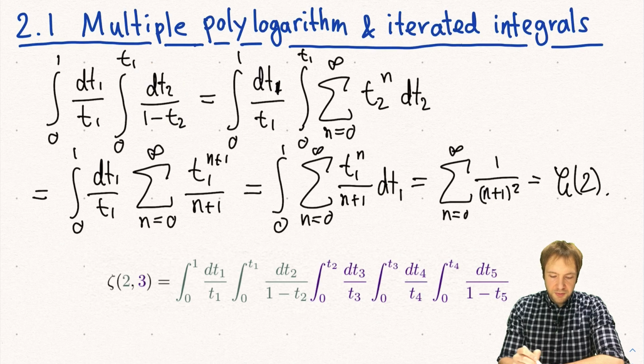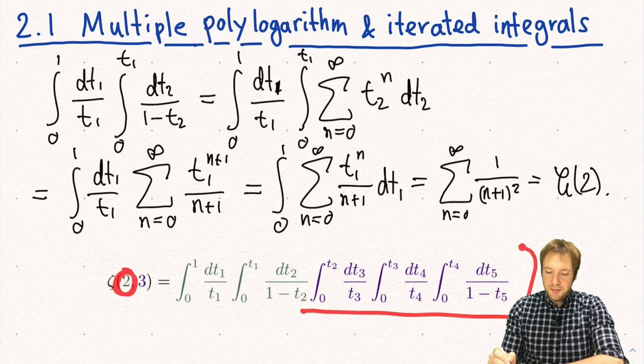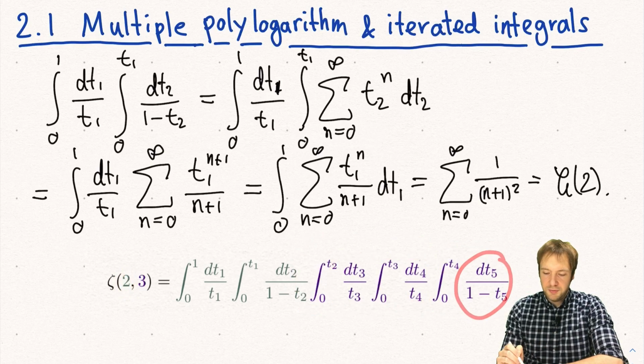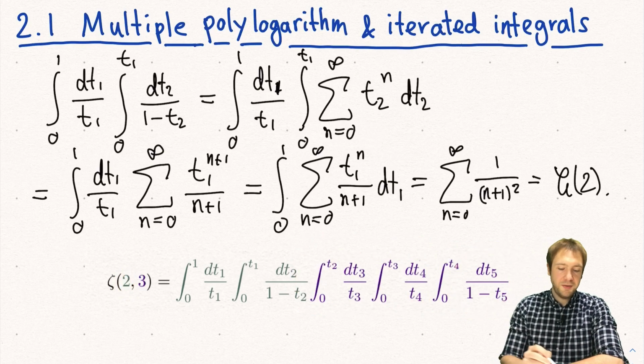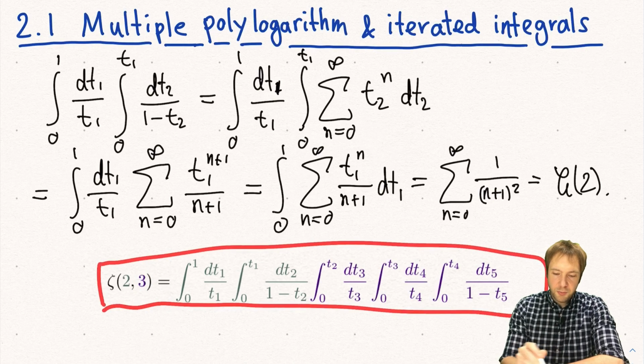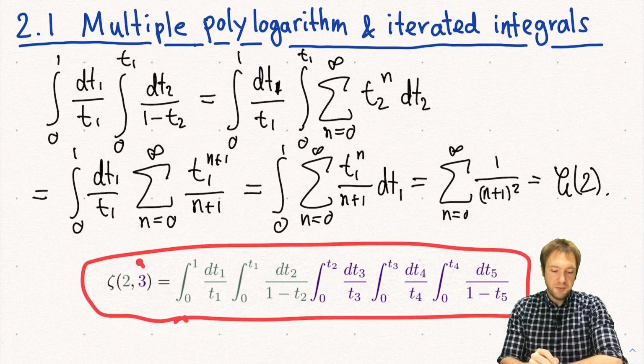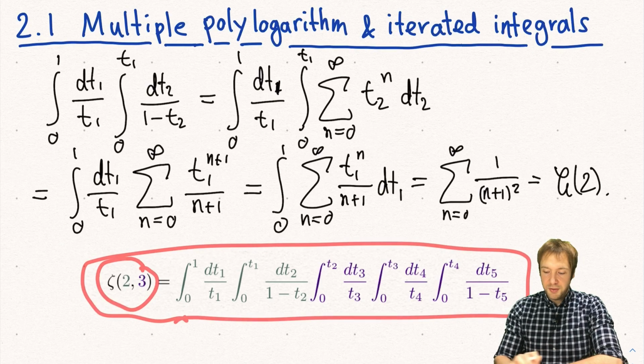Then you see if you start with a block of this differential form, this somehow gives you this index 2 here, and starting with 2 of these dt over t and then with this dt over 1 minus t, you get this index 3. So you can check by hand using the same calculation that this iterated integral gives you this double zeta value zeta 2, 3 here.